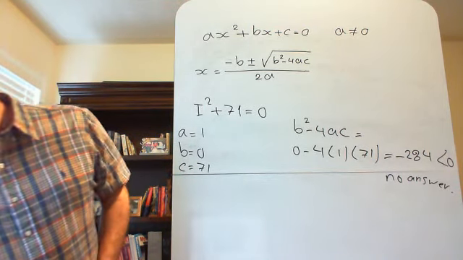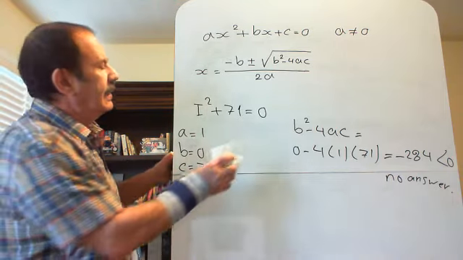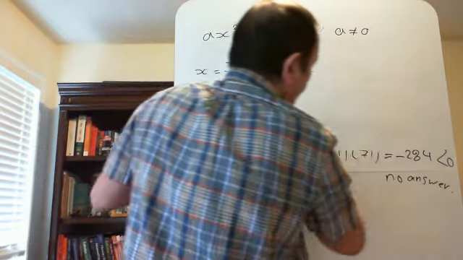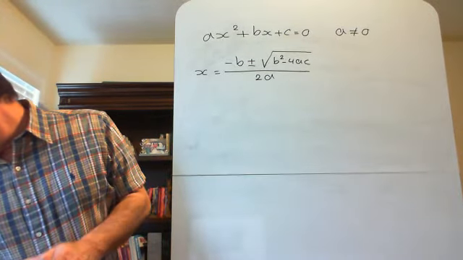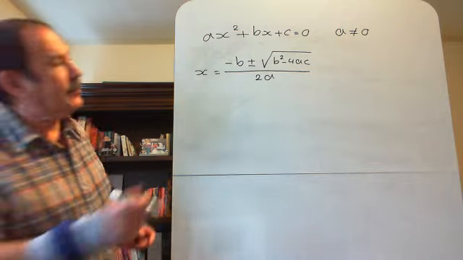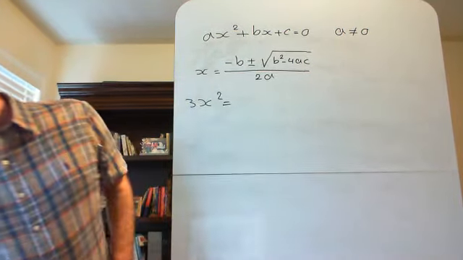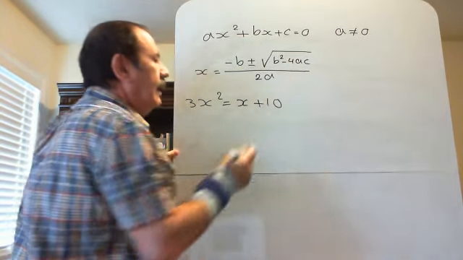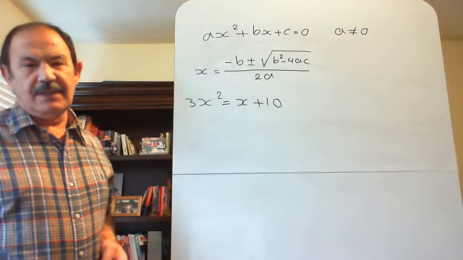Let's do another example in this case. 3x squared plus x is equal to x plus 10. Let's do this one. The question is asking to find the number of answers of this quadratic equation.